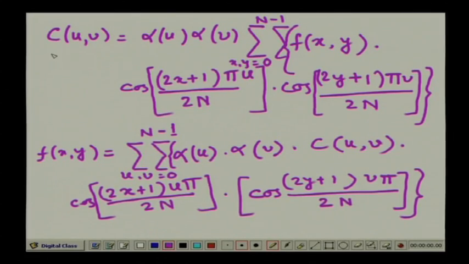So, this is the forward two-dimensional discrete cosine transformation and this is the inverse two-dimensional discrete cosine transformation.